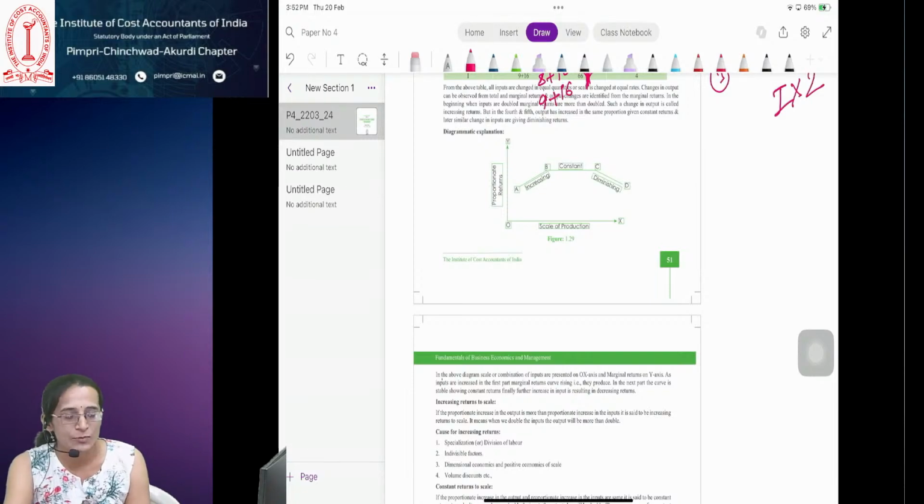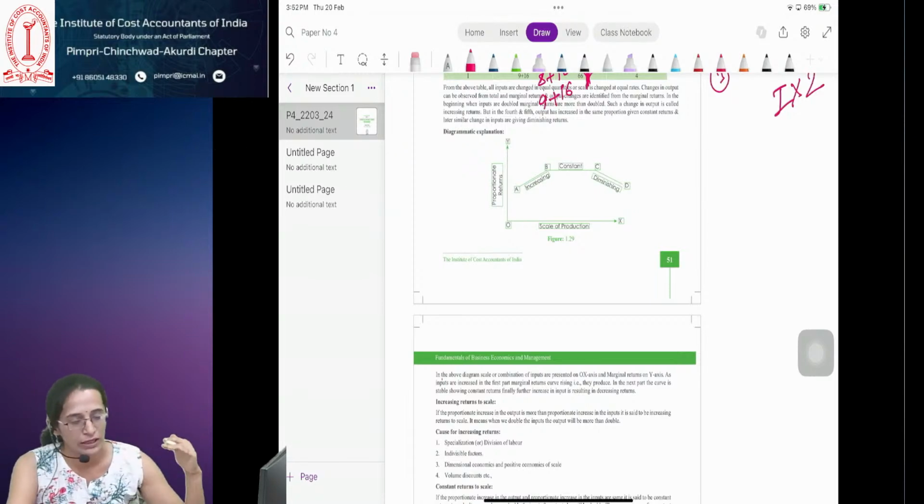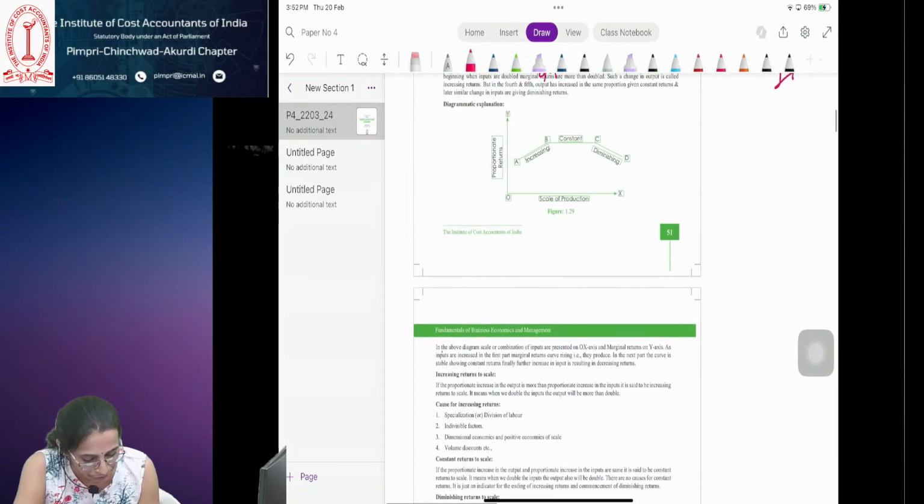What impact it brings on the output is that the returns increase at an increasing rate, then they remain constant, and then they increase at a decreasing rate, that is decreasing returns. They will increase but at a decreasing rate, diminishing rate. See, at first they will be increasing, then they remain constant, and then they are diminishing.